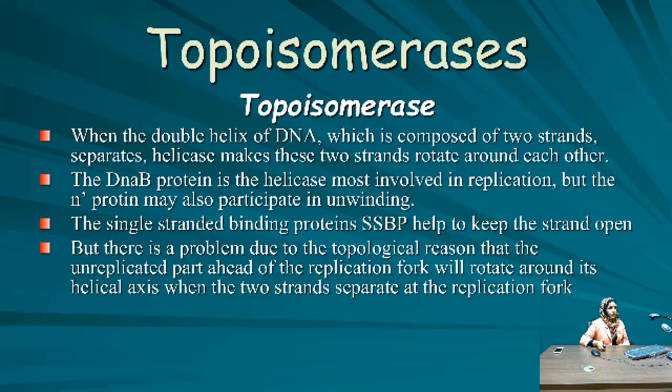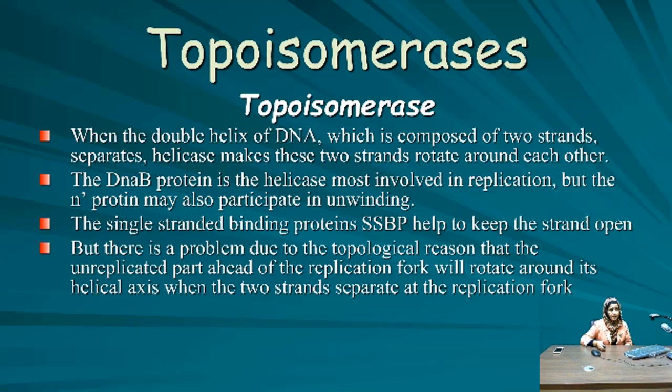Different types of topoisomerases. When the double helix of DNA, which is composed of two strands, separates, helicases make these two strands rotate around each other. The DnaB protein is the helicase most involved in replication, but other proteins may also participate in unwinding.